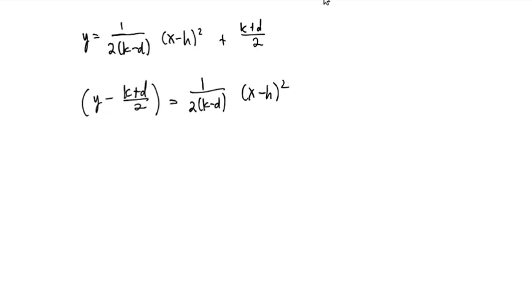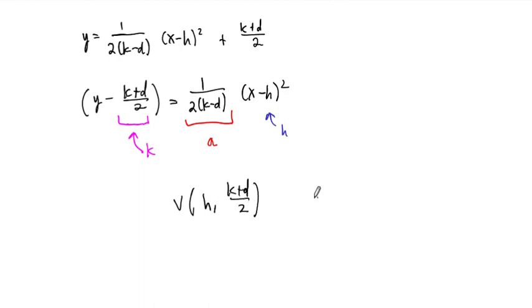This is now in what we might call vertex form. This right here is the stretch factor of the parabola, which we usually call a. The h is the h of the vertex, and this whole term is the k of the vertex. So our parabola has vertex (h, (k plus d) over 2), and it has a stretch factor, or scaling factor, of 1 over 2(k minus d).